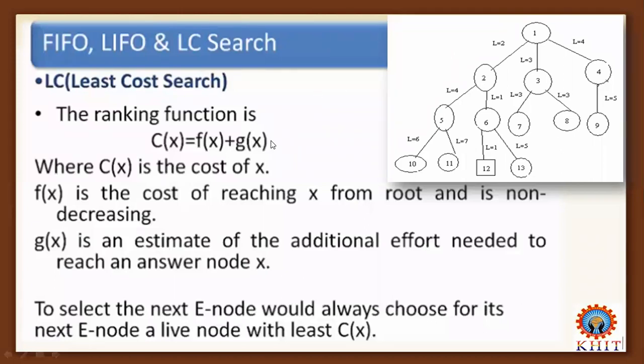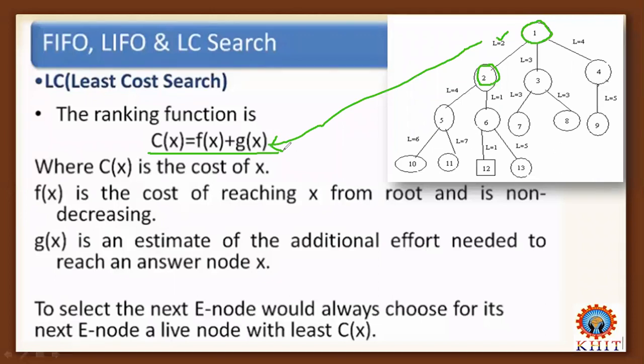Here we use one function for measuring the ranking function. This is the way of calculating it. How do we calculate the rank function of the 1 to 2 path? The formula is C of x equal to f of x plus g of x, where C of x is the cost function.